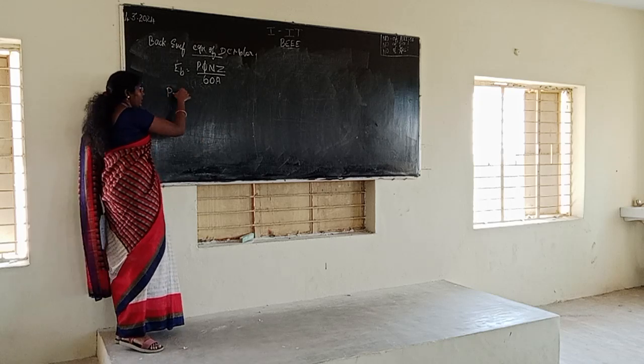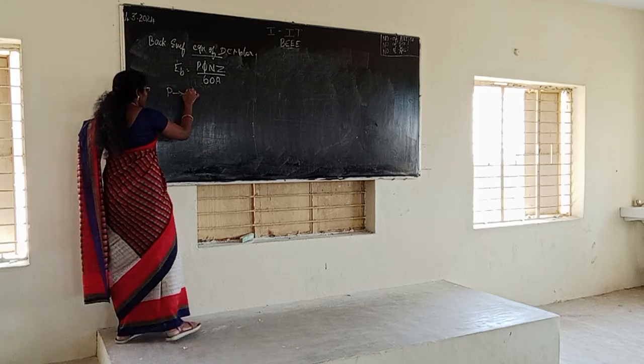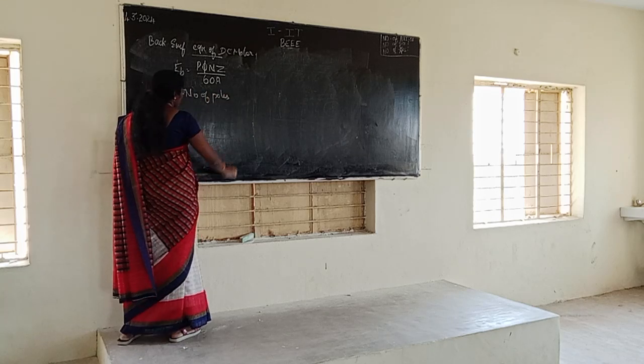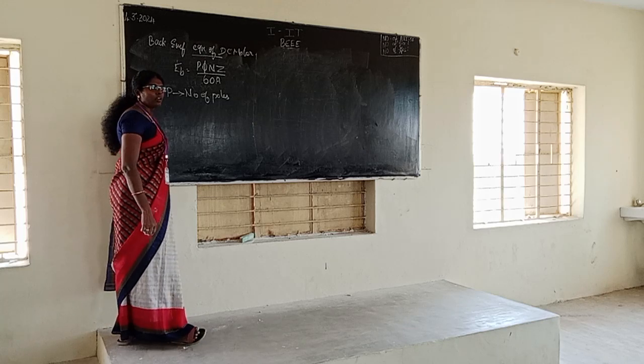Where P is the number of poles. In the construction we have seen, how many poles are there? 4.